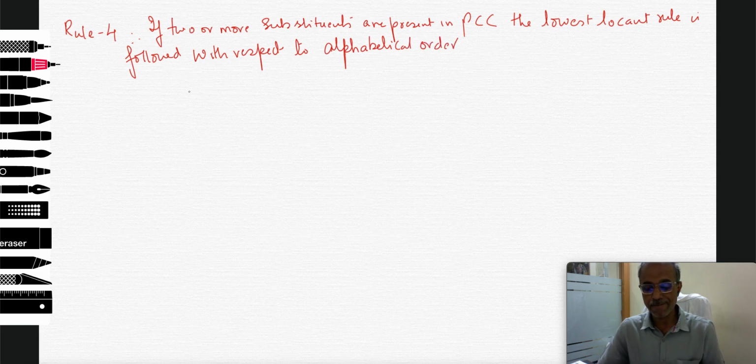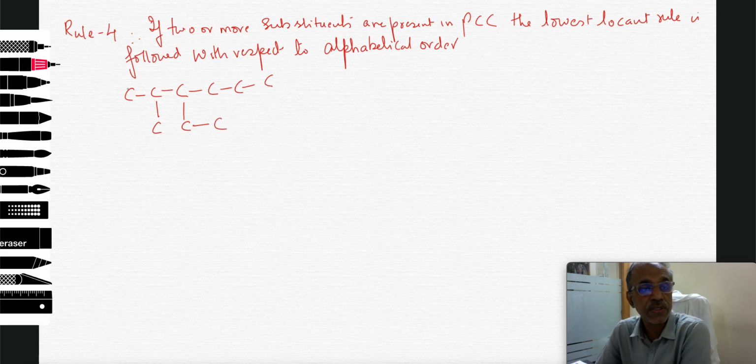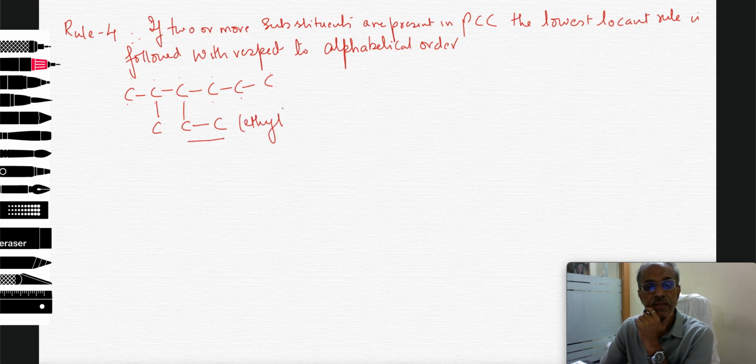For example, 3, 4, 5 and 6. Here there is C and C. Now, the numbering is preferred whether I have to go 1, 2, 3, 4, 5, 6, or I have to go 1, 2, 3, 4, 5, 6. Now, this is nothing else but 2 carbon, that means this is ethyl. If this is 1 carbon, that means this is methyl.